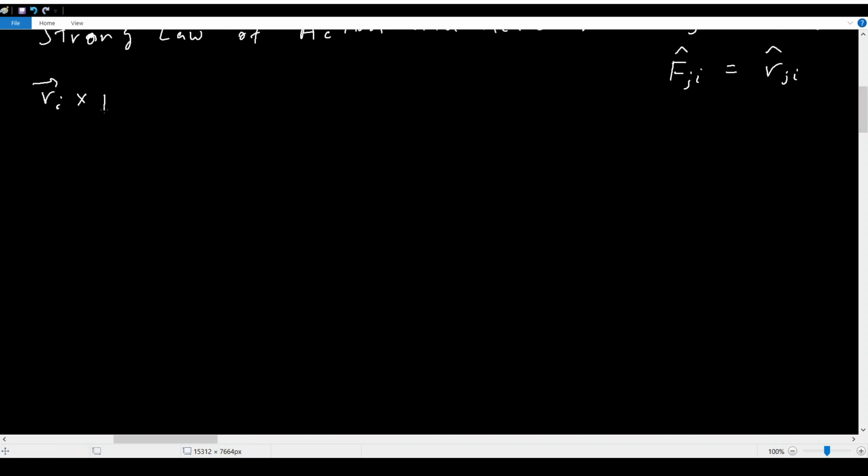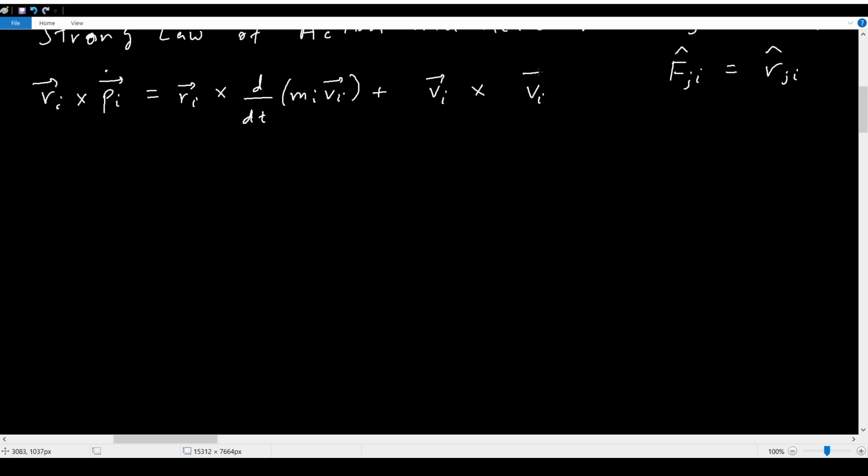Ri cross pi dot. Let's write this more explicitly, d by dt. And what is pi? Pi is mi vi, right? So let me add to this vi cross vi.